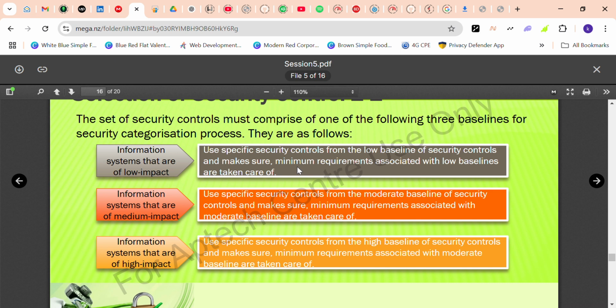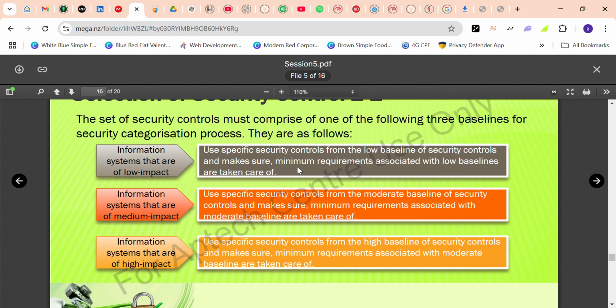Yes, I want to know maybe you should recall because I've said this thing. Okay, let me come again. They say we should use specific security controls from the low baseline since the impact is low. If there's any incident or attack, or any exploitation, the impact on organization operation, on the integrity, on the confidentiality, on the accessibility, will be low.